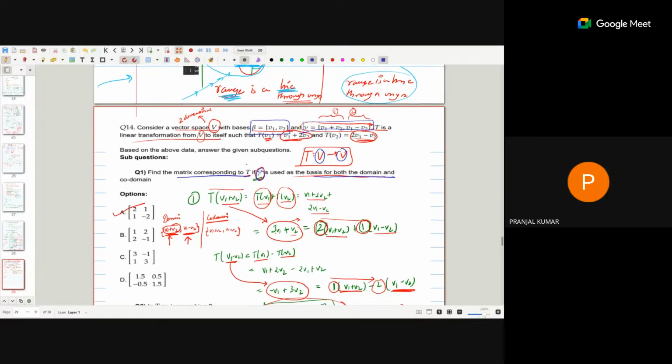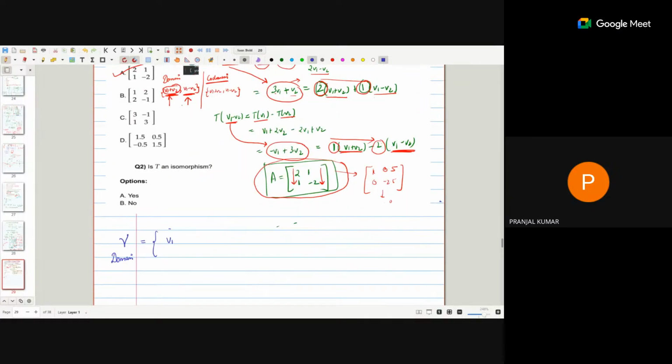So gamma is V1 plus V2 and V1 minus V2, and again for codomain also, V1 plus V2, V1 minus V2.